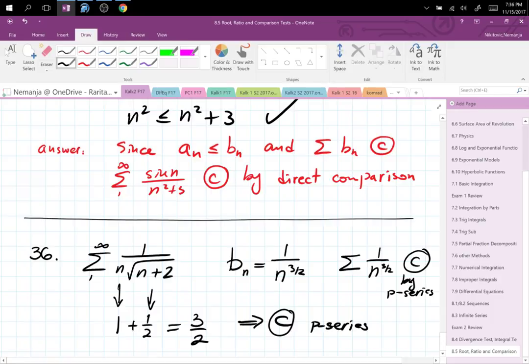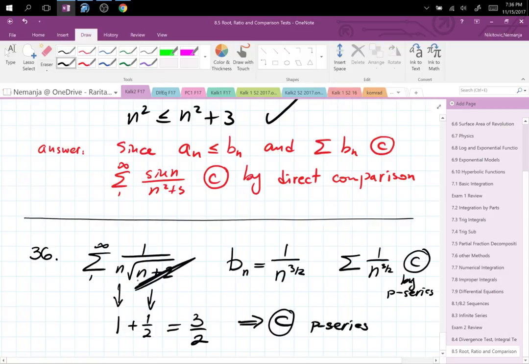So I didn't just pull this n to the 3/2 out of nowhere. I said this part n gives me exponent 1 because n to the first power. This n over here is raised to the 1/2 power because of the square root.